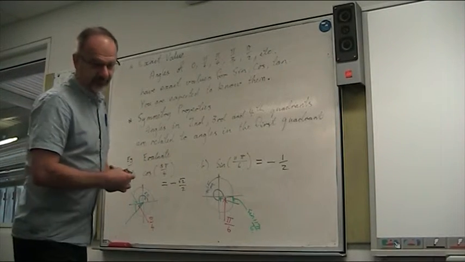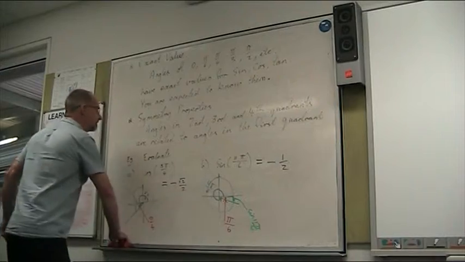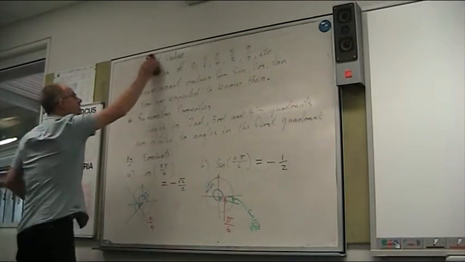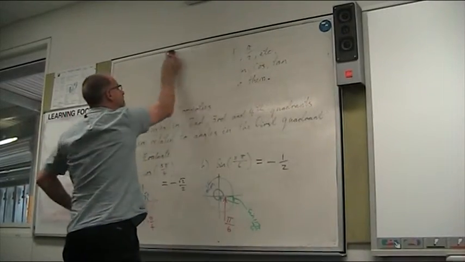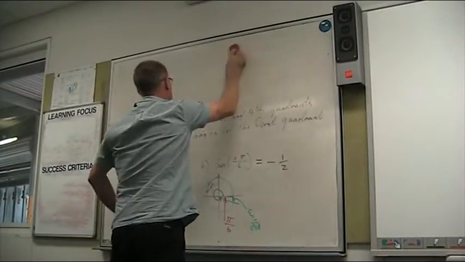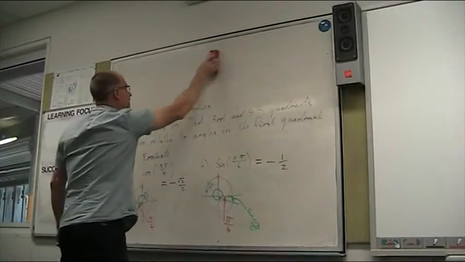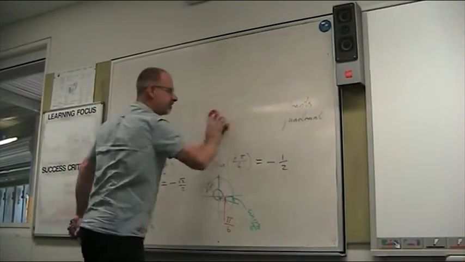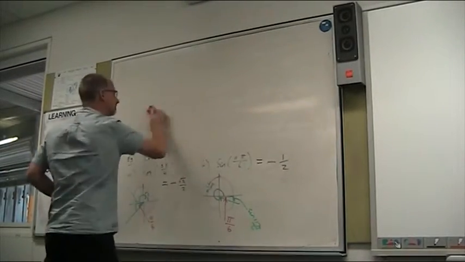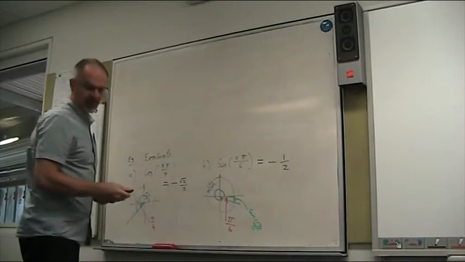All right. Now, sometimes what they do is they give you questions which are not one of those exact values. And so then you need to, again, use symmetry properties. So let's have a look at an example.